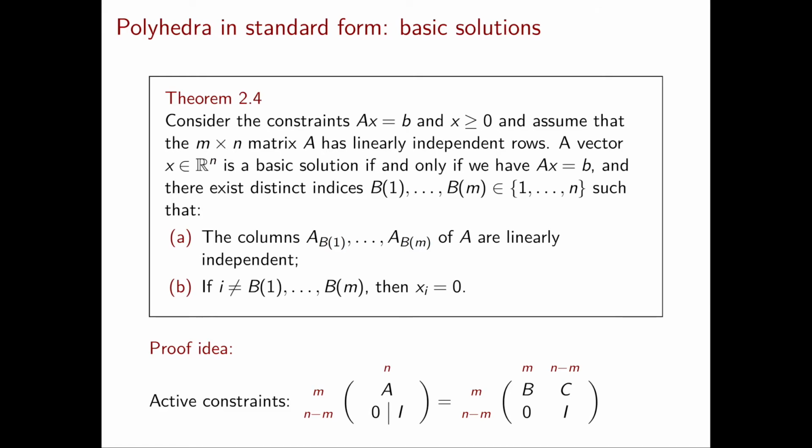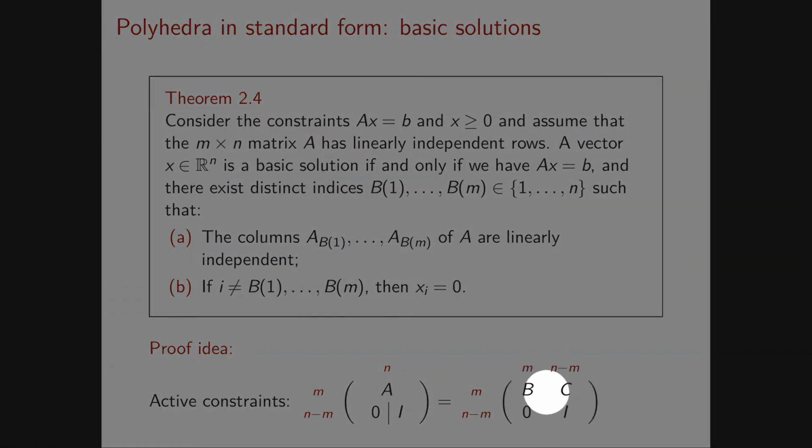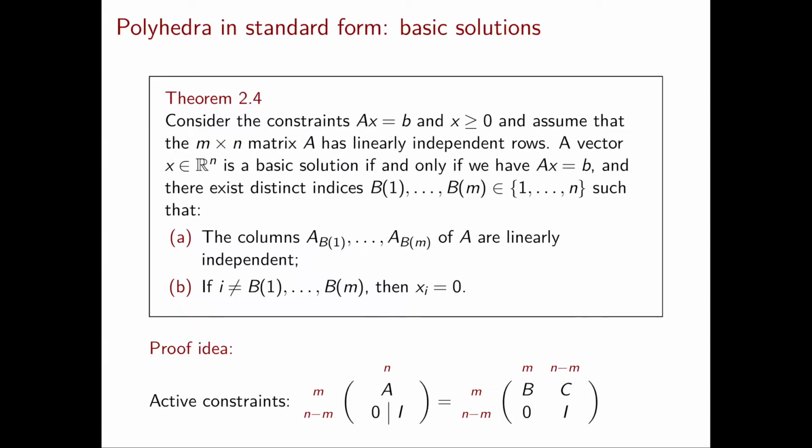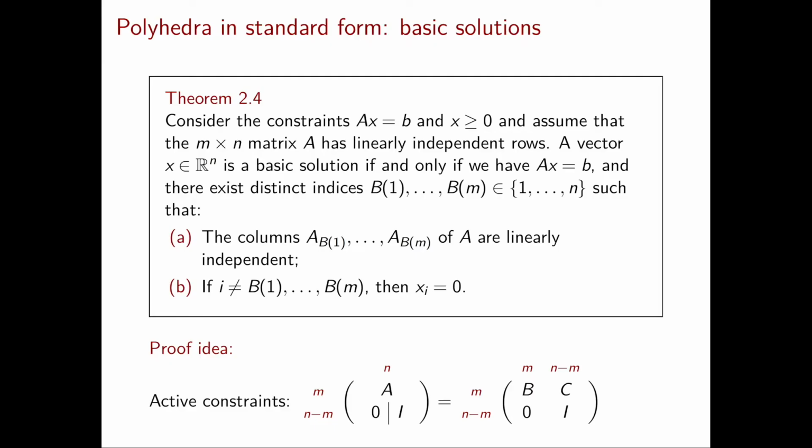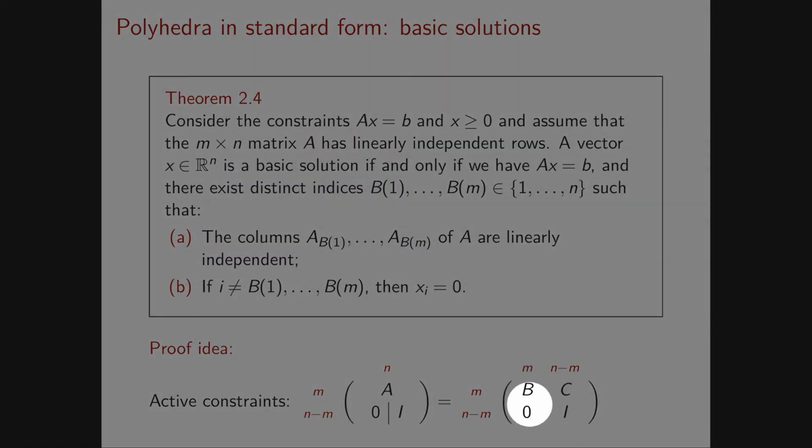Now we just said that this matrix is invertible, which is equivalent to saying that it has determinant different from 0. Because this is a block matrix with a 0 in this block, the determinant of this matrix is the determinant of B times the determinant of the identity matrix, which is 1. Therefore, the big matrix is invertible if and only if B is invertible.